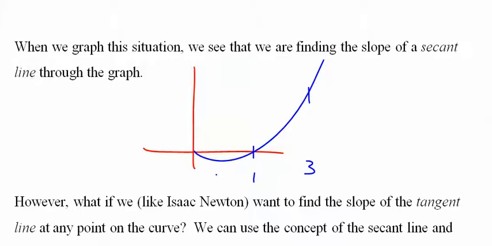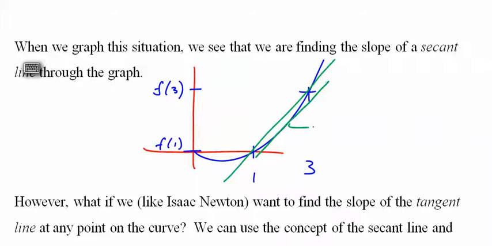And this is f of 1 here, and this is f of 3 here. And if you connect these lines, you can see that what you're creating is a secant. Something like that. And you're approximating what this actual slope would be.